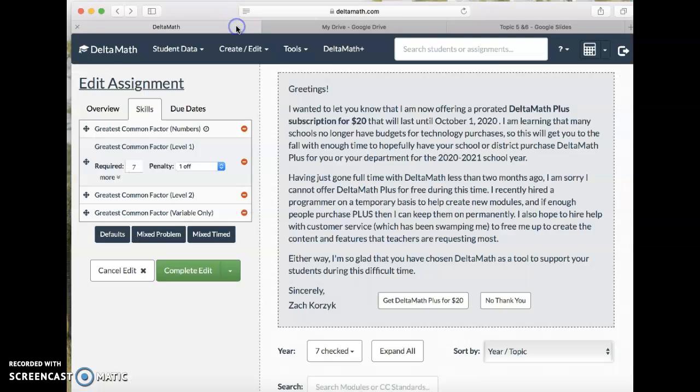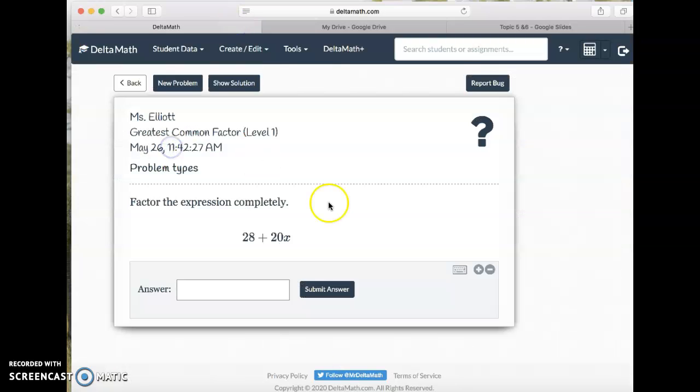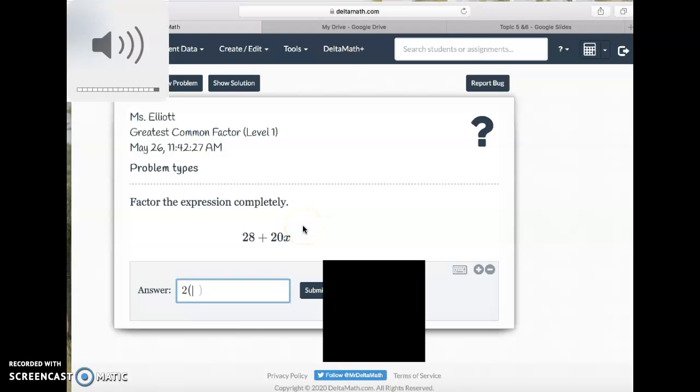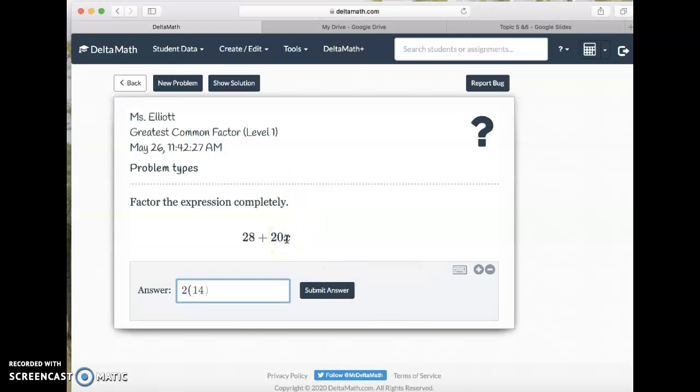Okay, so in Delta Math, let's take a look at this, for example. Between 28 and 20, they both have a 2 that goes inside. I can't think of anything higher than that. So if I pull out a 2, what's left is going to be a 14 plus 10x, because 2 times 14 is 28, and 2 times 10x is 20x.